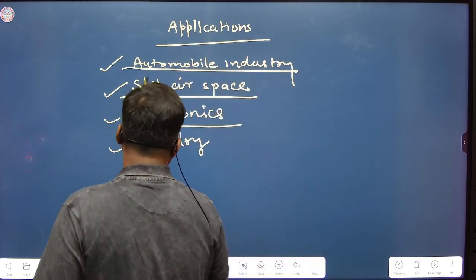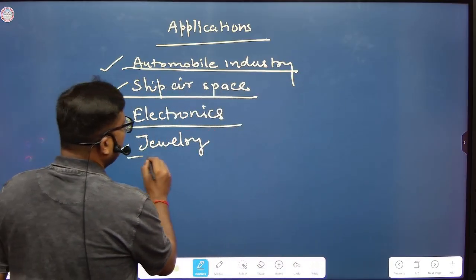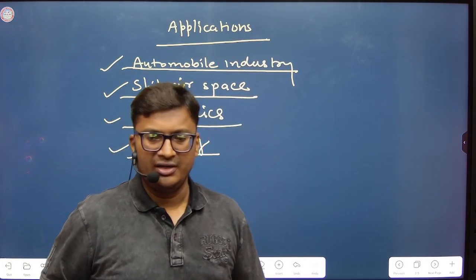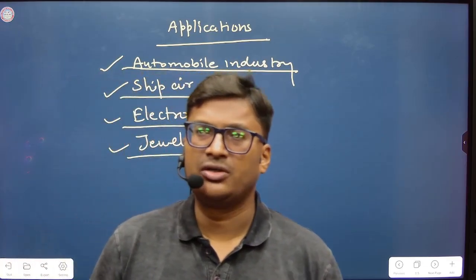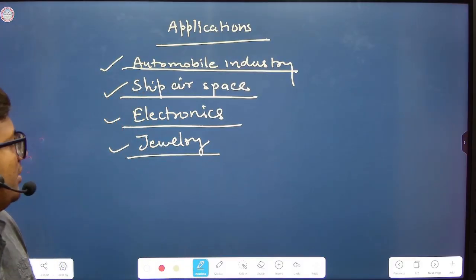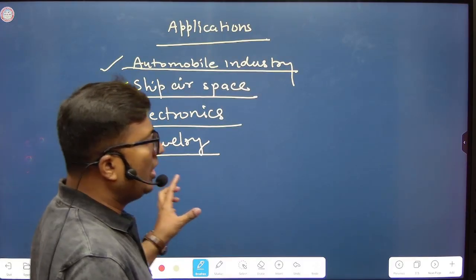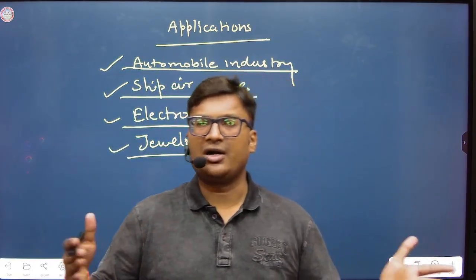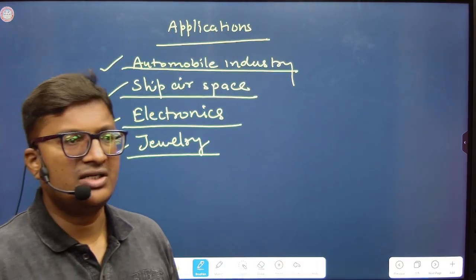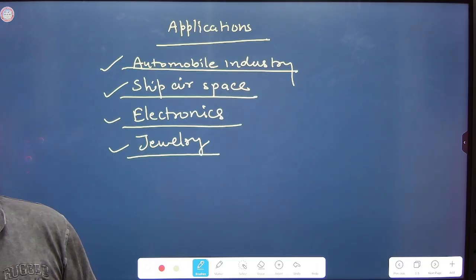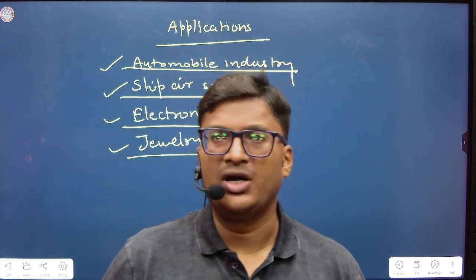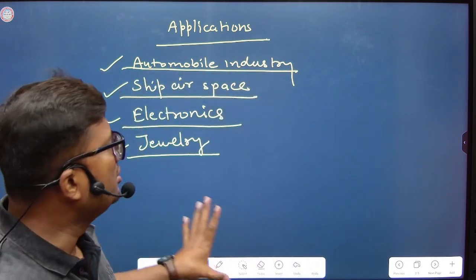And most important, in the jewelry industry, electroplating has increased the value of low cost jewelry, right? Because if you have a copper jewelry, and if you want to increase the shining of the surface like gold, then gold electroplating must be performed before launching that kind of jewelry.